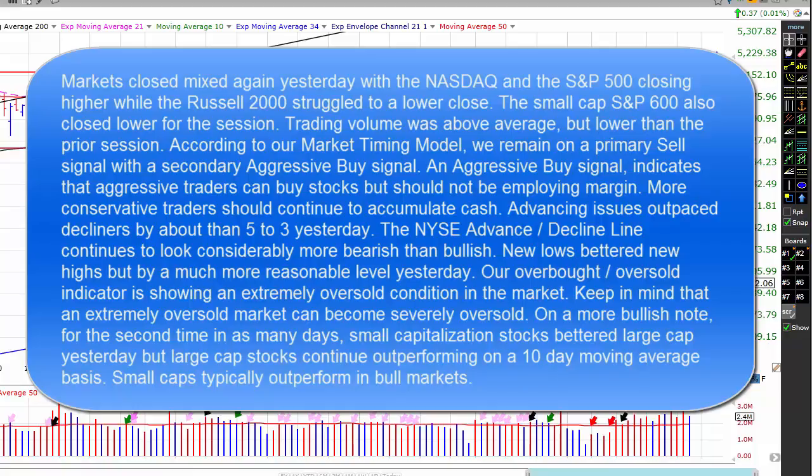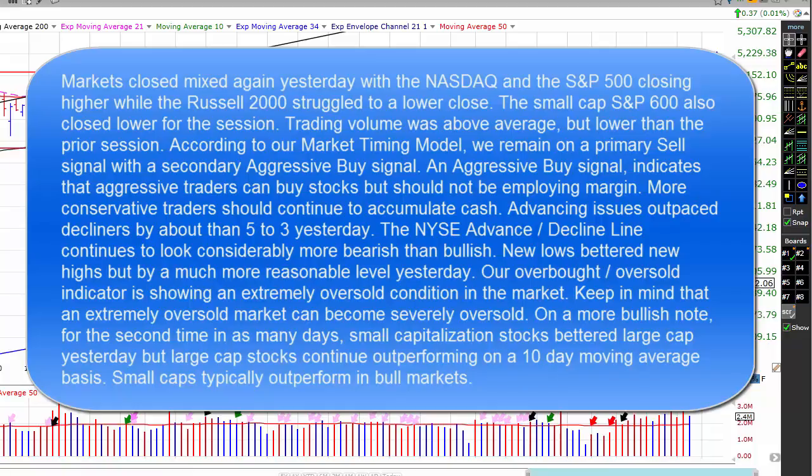According to our market timing model, we remain on a primary sell signal with a secondary aggressive buy signal. An aggressive buy signal indicates that aggressive traders can buy stocks but should not be employing margin at this point. More conservative traders should continue to accumulate cash. Advancing issues outpaced decliners by about 5-3 yesterday.